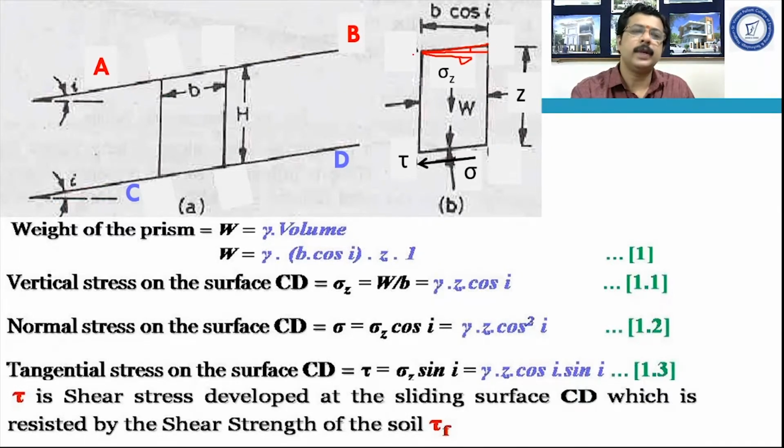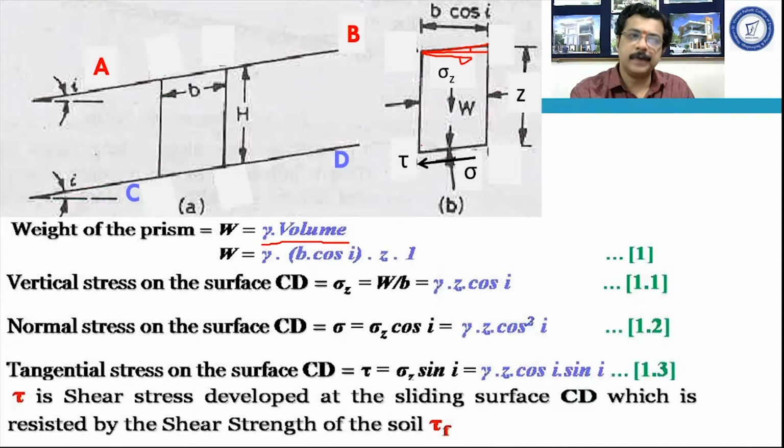Now I want to calculate the weight of this prism, weight of this soil element. So weight is nothing but unit weight of the soil multiplied by its volume. So gamma multiplied by volume would be its weight. Now gamma would be known to us through lab testing. We will come to know the unit weight of the soil, but how to calculate volume? Volume would be width into depth into length.